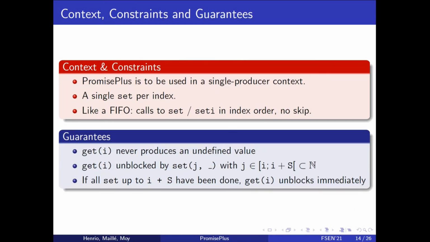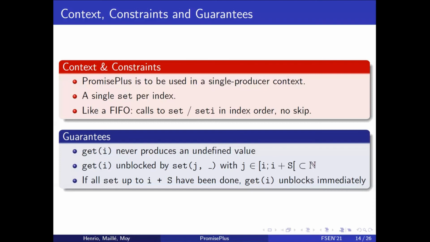Regarding set immediate, I guess we could probably say that once the last value in the Promise Plus is written, we could automatically unblock. However, there is a little something I didn't say about set immediate, my mistake. One can use set immediate not only to set the last value in the Promise Plus, but we can also use it anytime, in fact.